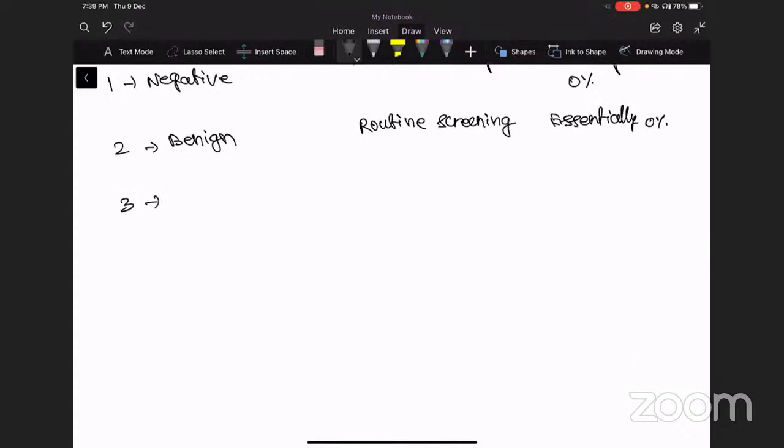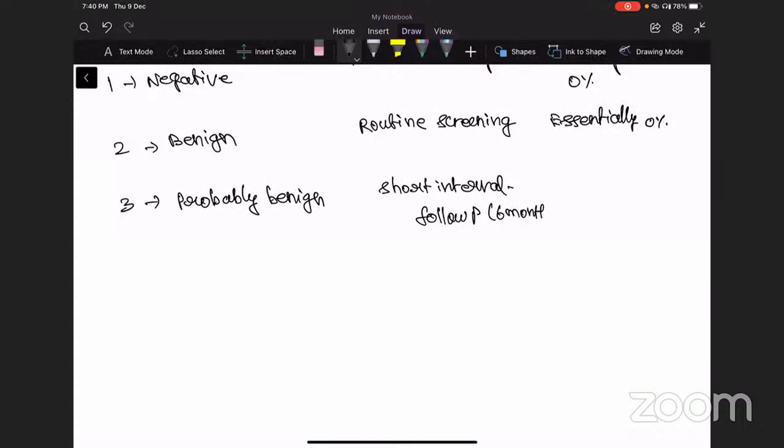Category 3 is probably benign. The management is short interval follow-up and wait for any growth or change to malignancy, like every 6 months, or we can also follow up continuously.